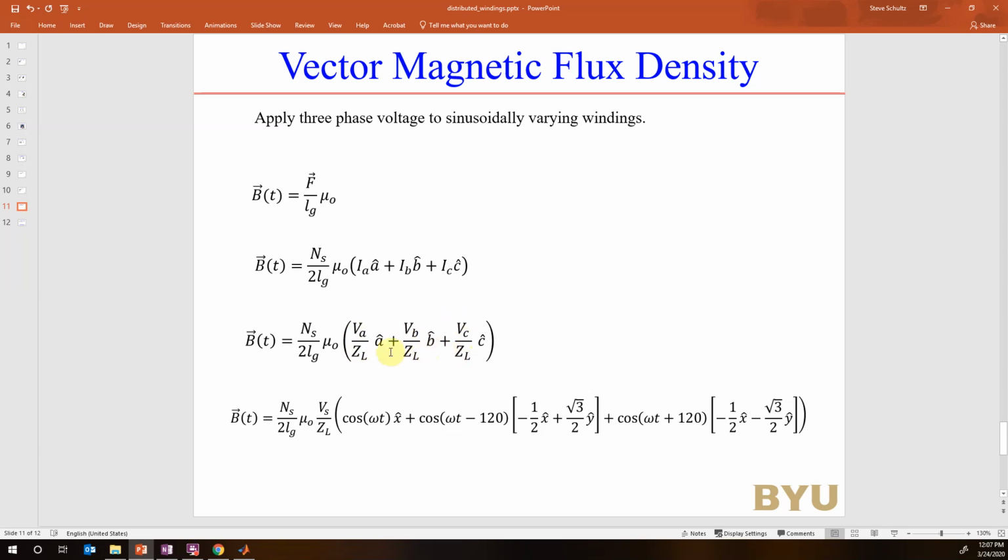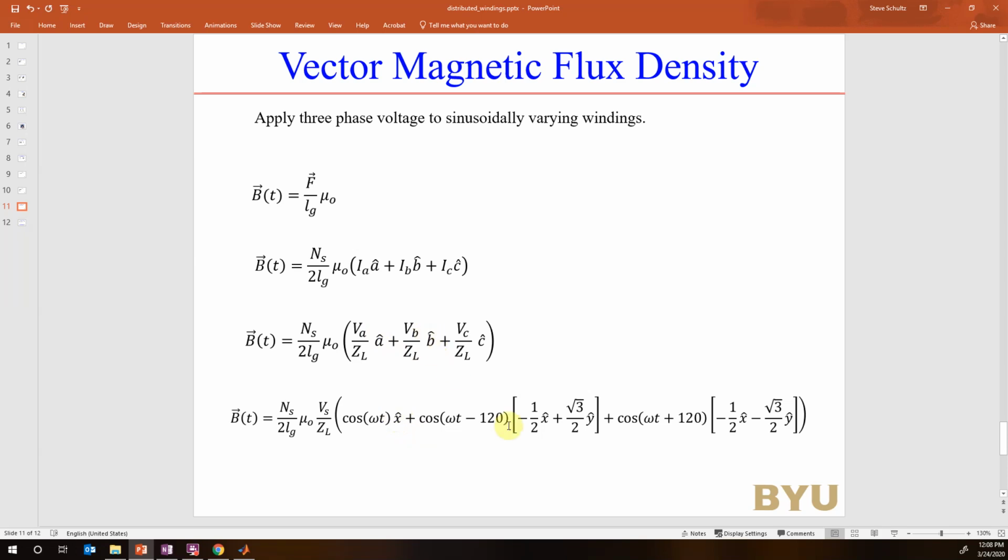So now we are going to couple in that my VA is going to be some voltage times the cosine of omega t. My VB is going to be the same voltage times the cosine of omega t minus 120, and then my VC is equal to the cosine of omega t plus 120. The A vector is my x hat.